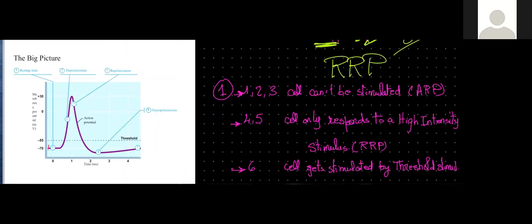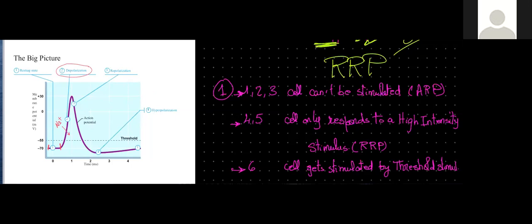Phases here of the action potential: we started first by resting membrane potential, which is around -70. You open sodium channels, you allow the sodium in, the inside of the cell will become more positively charged. This is my depolarization phase of the action potential.